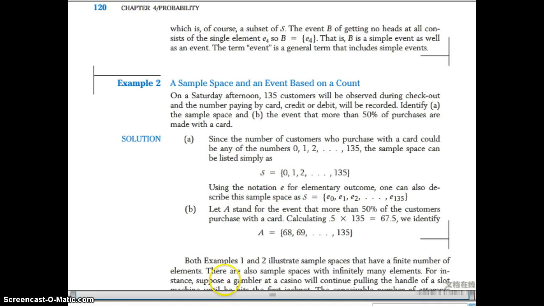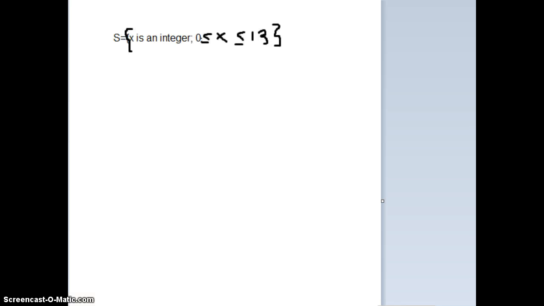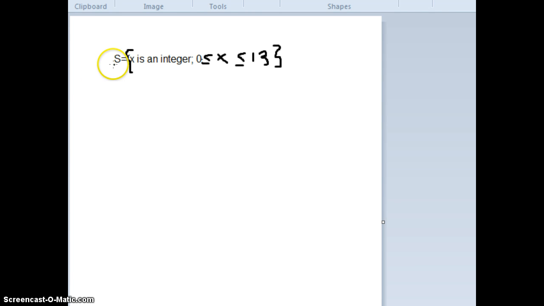And the other way, if we want to use inequality notation, we can use this way here. And so S is the sample space. We always put curly brackets to represent the sample space or the event, because it's like a set.